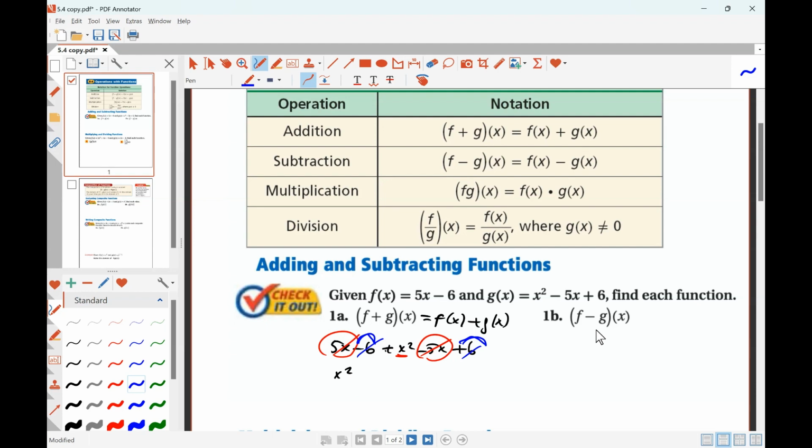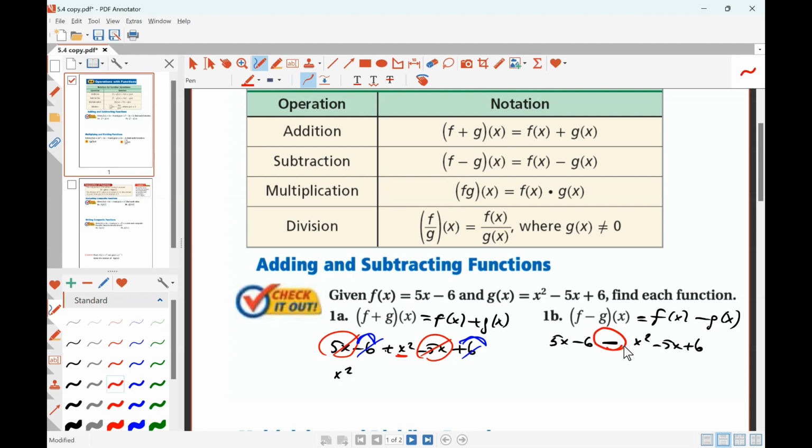Part B, (f minus g)(x), it means subtract them separately. f(x) minus g(x). Write what f(x) is, which is 5x minus 6, minus, write the g(x), which is x squared minus 5x plus 6. If you write the subtraction in this way, you will make a mistake because there is a subtraction sign here.